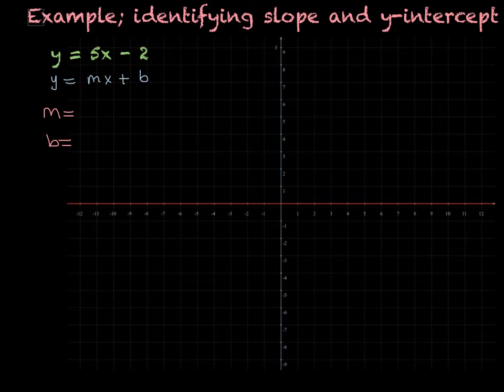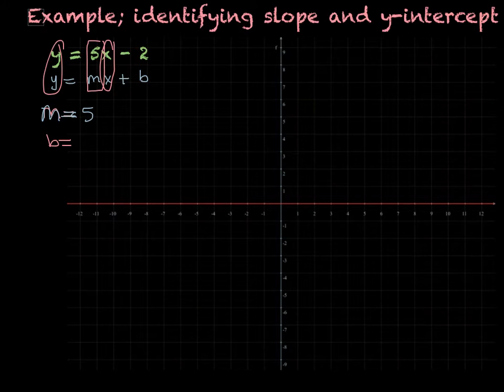What are the things that correspond to the m and the b? Well, here's your y's and here's your x's. So your m is going to be right there, the 5. So m equals 5.